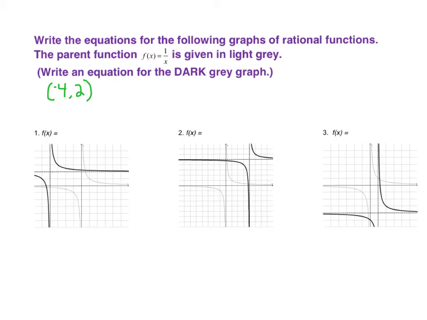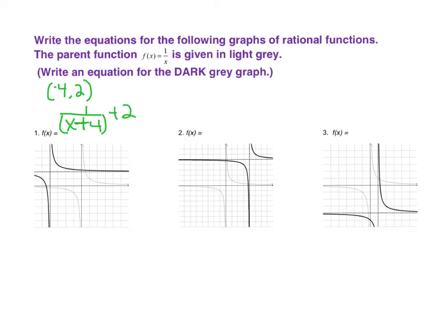So now I'm ready to write the equation of the dark gray graph. It would be f of x equals 1 over x minus negative 4, which is the same as x plus 4, and then plus 2.